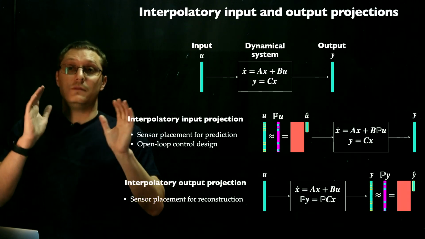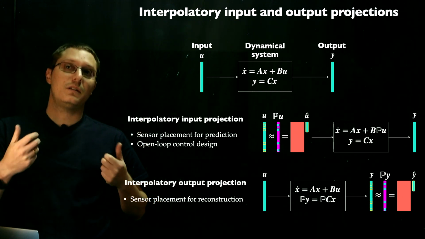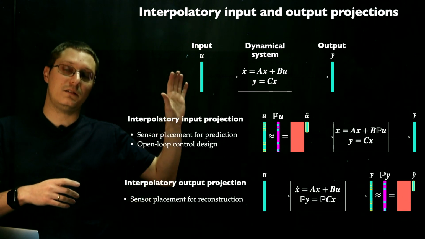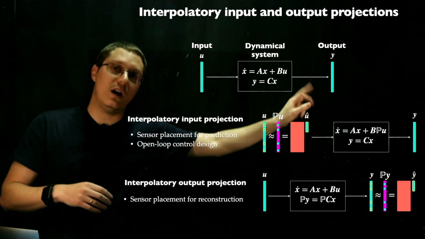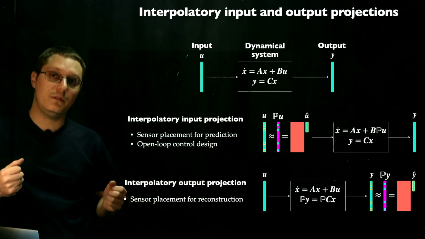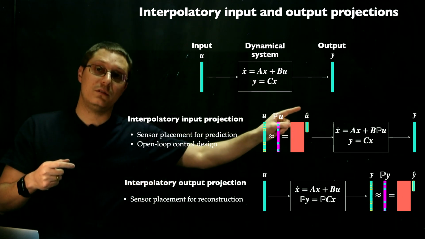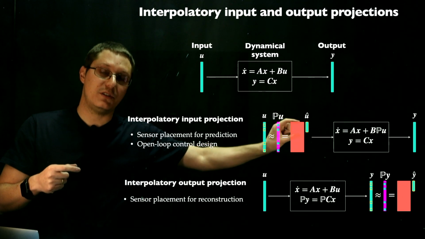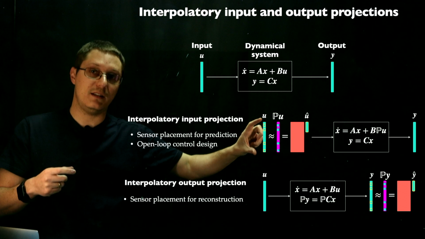Okay, so this is our main contribution. We now have all the ingredients to build interpolatory input and output projections. And just to remind you, the idea is that we want to reduce the number of inputs or the number of outputs in a dynamical system, but we want to do it in such a way that this lower dimensional input is actually a subset of the original high dimensional input.